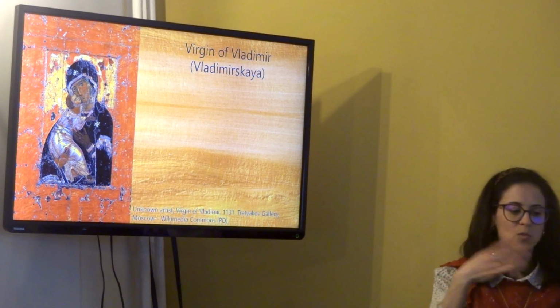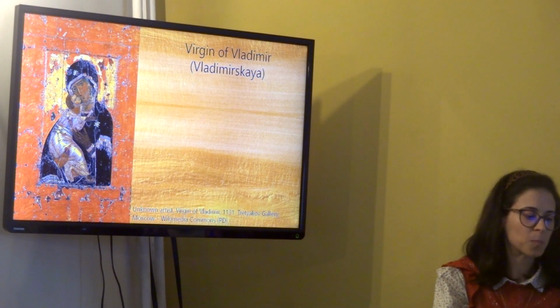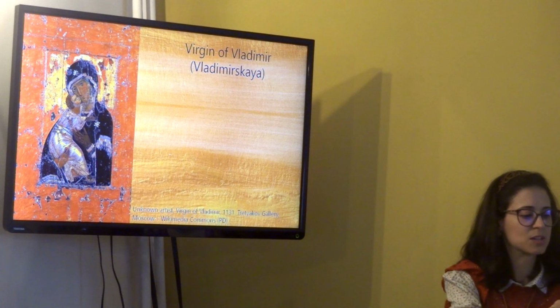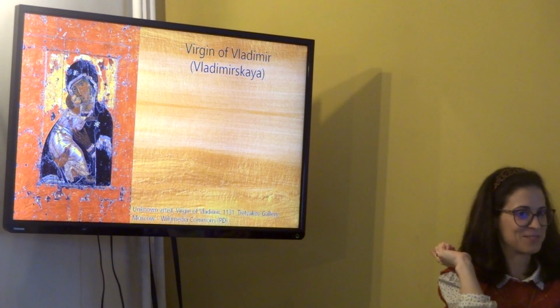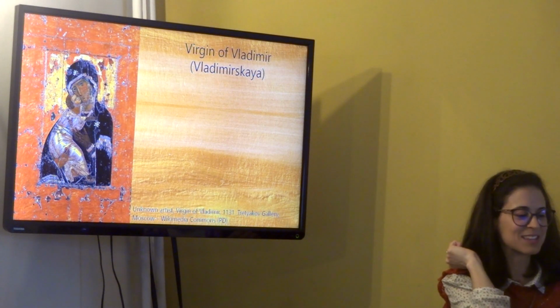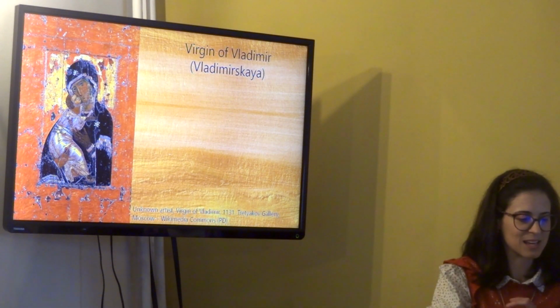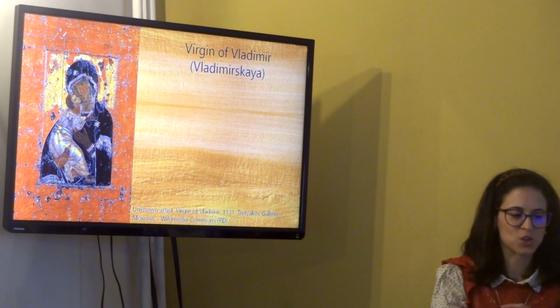And then in the 16th century it was taken to the Dormition Cathedral in Moscow, where it remained until after the revolution. And then today, I don't know if any of you have seen it? You have seen it, probably. It's in the Tretiakov Gallery, and later it was transferred to the Church of St.